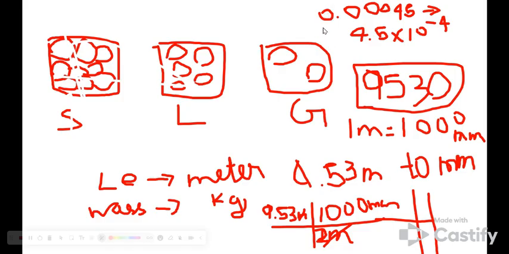So we take the decimal place and move it to after the 4.5. Counting 1, 2, 3, and 4, we make it 4.5 times 10 to the power of negative 4.